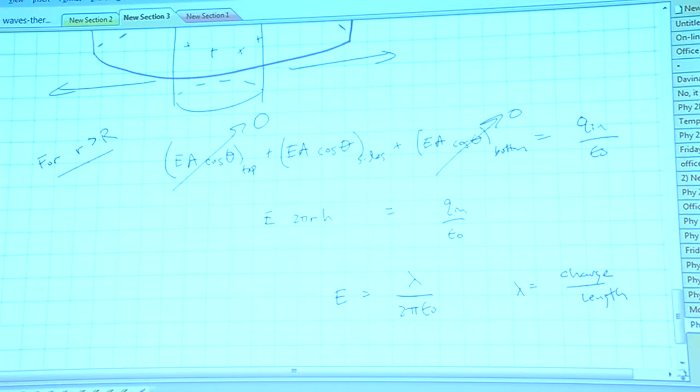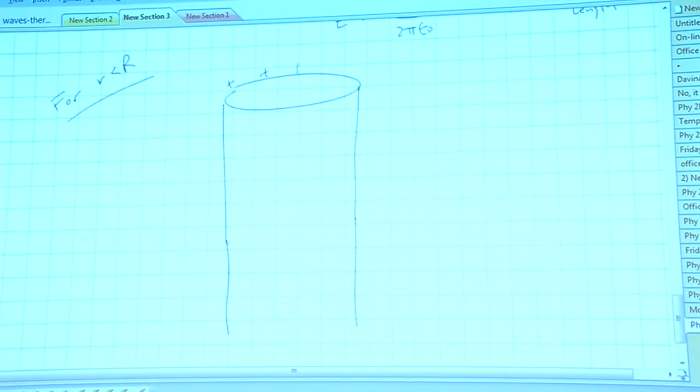What happens if we are inside the cylinder? So this has charge on the surface of the cylinder. We draw our, this is the side view. Here's the top view.